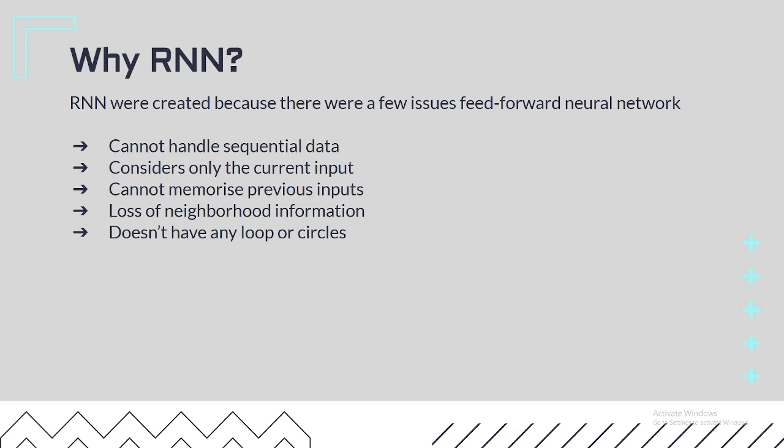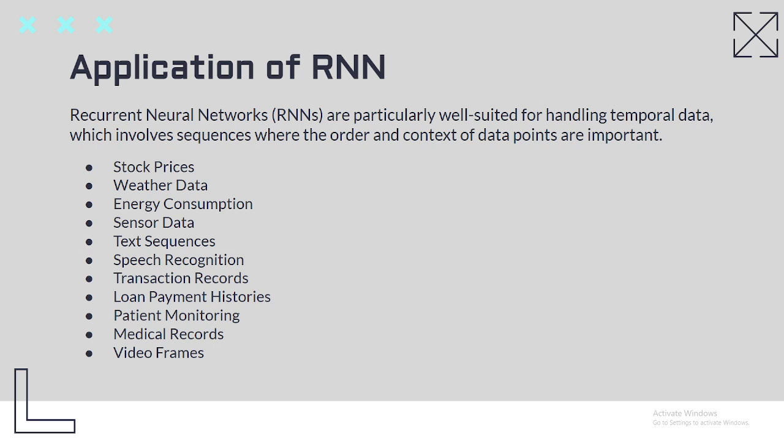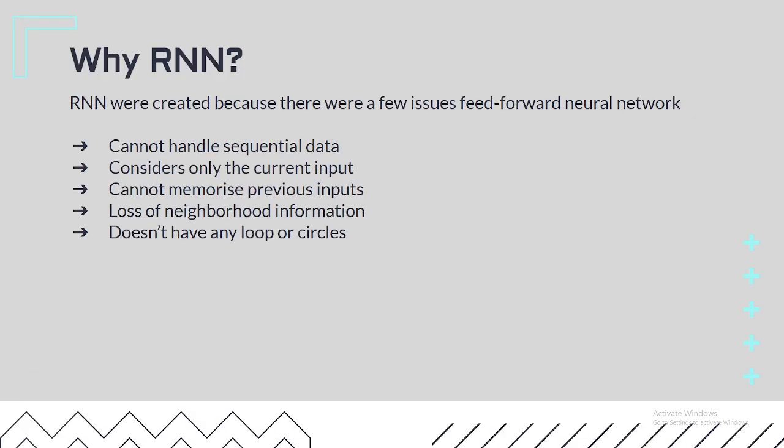And finally, the architecture of a feed-forward network is fundamentally limited. There are no loops, no cycles, no way for information to flow through time. To overcome those barriers, RNN were born. Networks designed to remember, to loop, and to learn from the flow of data across time.